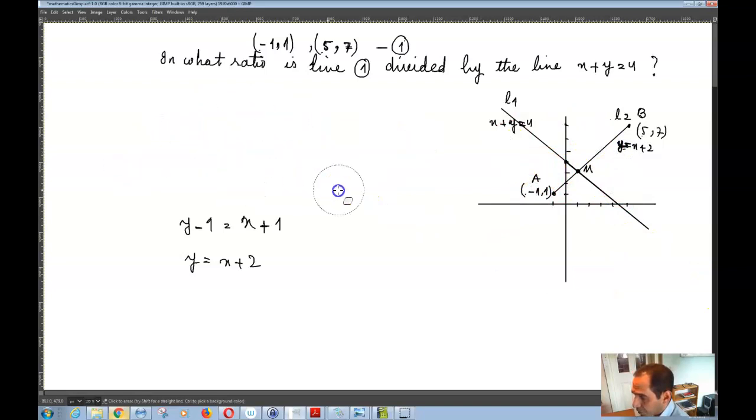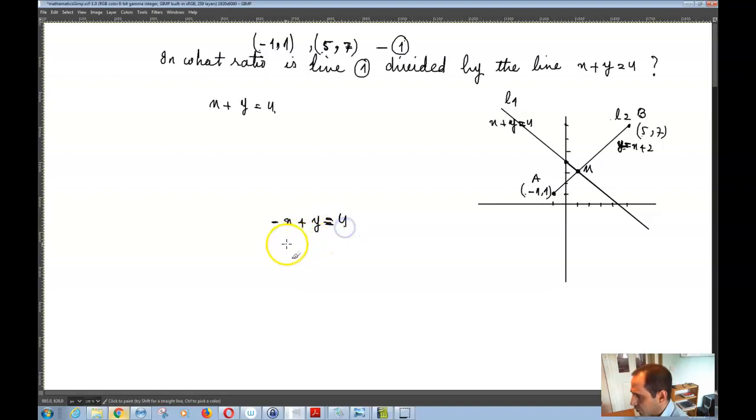Now let's find the point of intersection of these two lines. We have x plus y is equal to 4.